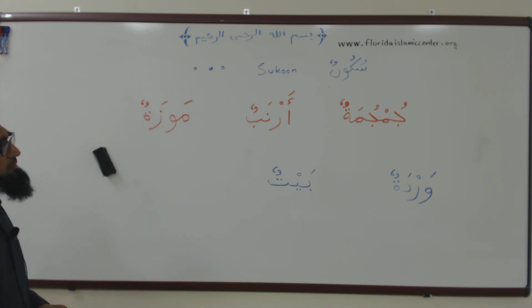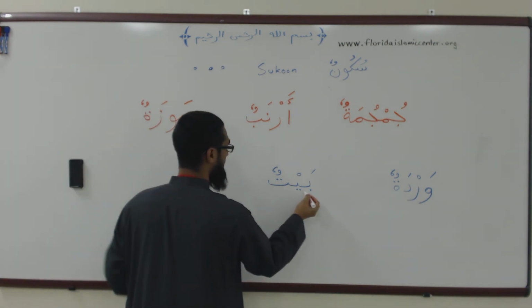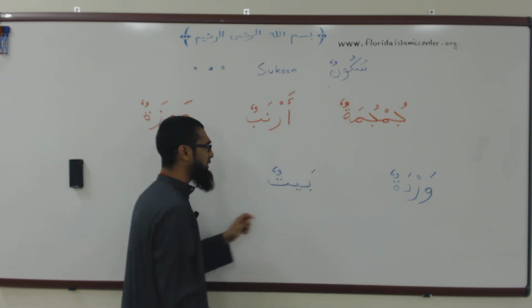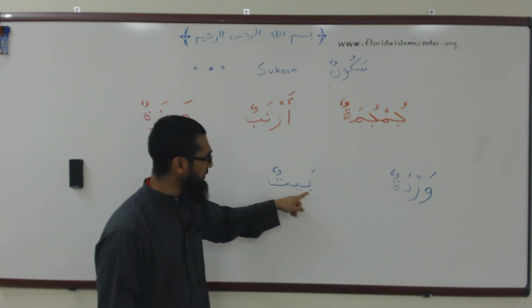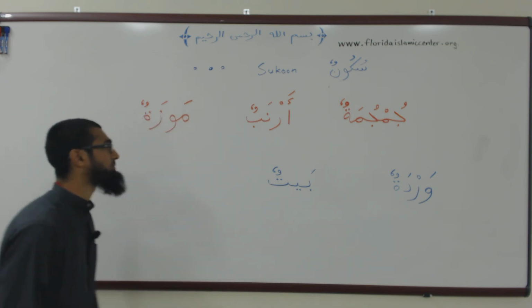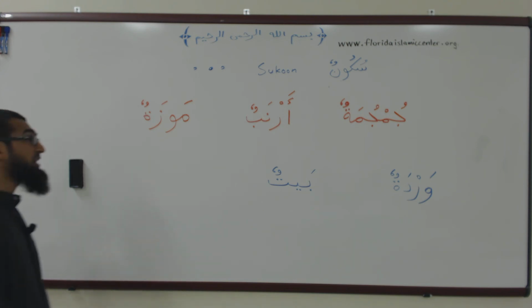Another example is the word baytun. How do we know that this ya, if we took off the sukoon, is not elongating the ba? It goes with a kasra.